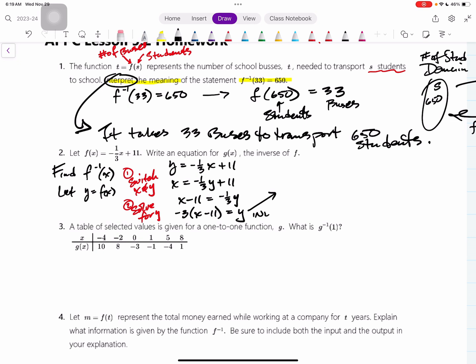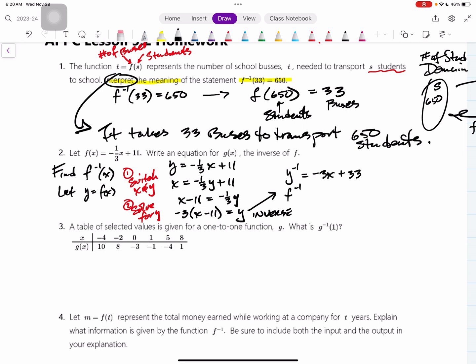This is the inverse, and so what we need to do is write it in inverse notation. I'm going to write it two ways, because there are two ways to do this. So y inverse is equal to negative 3, and I'm going to distribute through the negative 3 here: negative 3x plus negative 3 times negative 11 is 33.